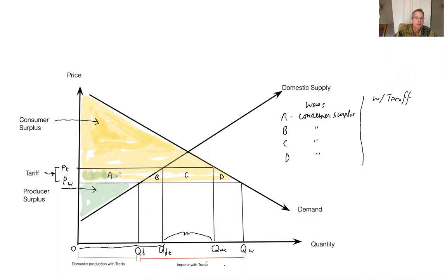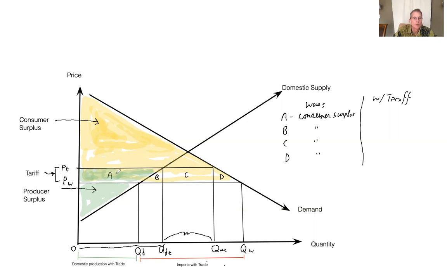So these guys, they were all upset before, but look at this. And this is why the domestic producers push for tariffs, because they pick up area A. If we take it away from the world of graphs and just think about it in real terms, they're able to raise their prices by 25 cents a tub, and they're able to produce more.